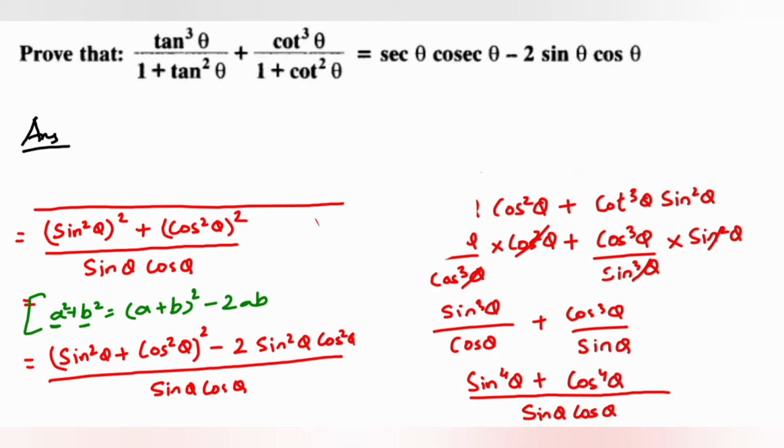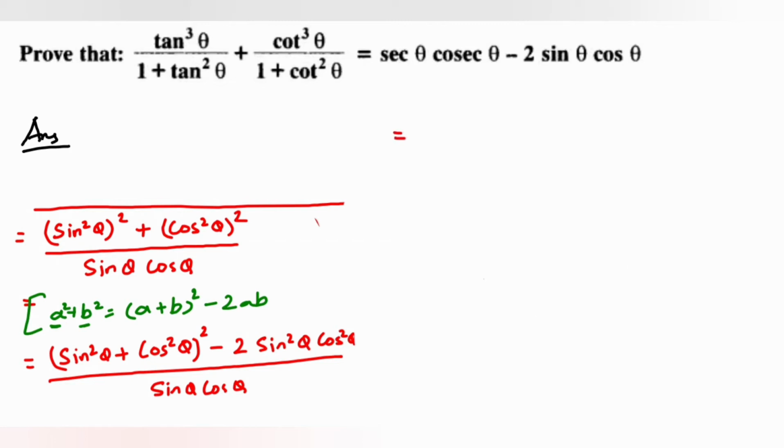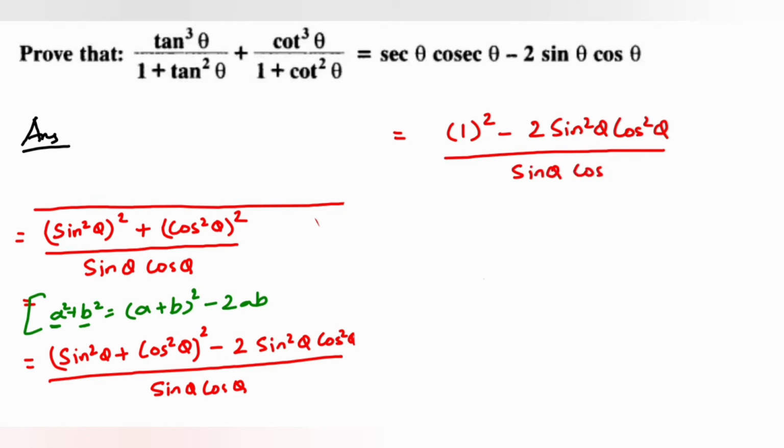From here we apply the identity again: sin square theta plus cos square theta is 1. So this is equal to 1 square minus 2 sin square theta cos square theta upon sin theta cos theta.